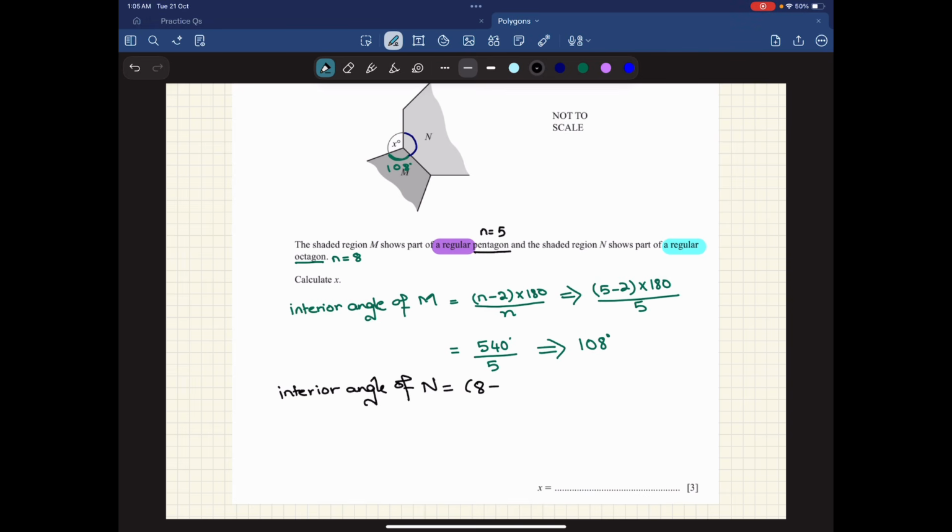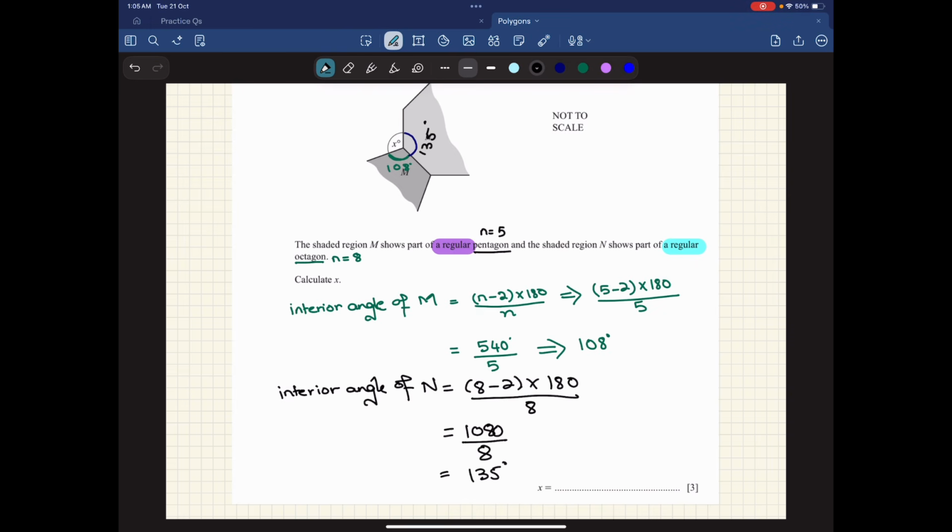So 8 minus 2 into 180 divided by 8. 8 minus 2 is 6. 6 into 180 is 1080 divided by 8, which is 135 degrees. Okay, so the interior angle of the octagon is 135.